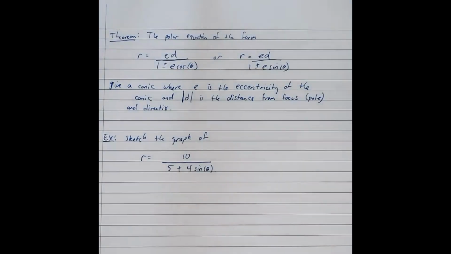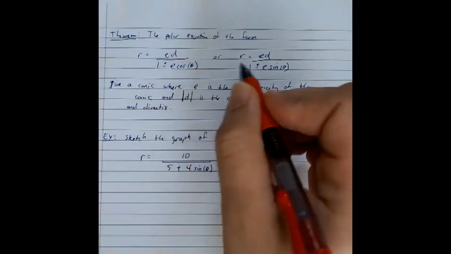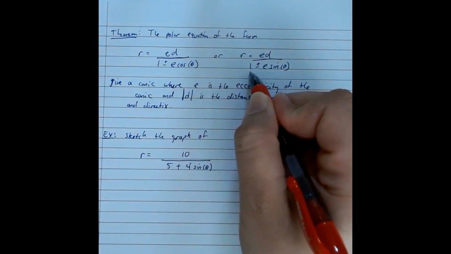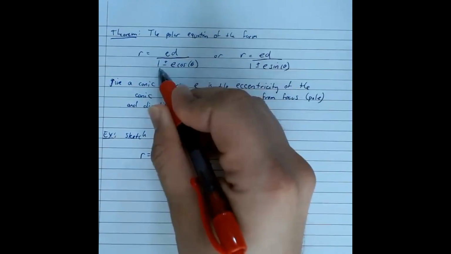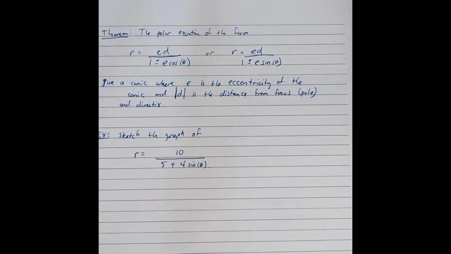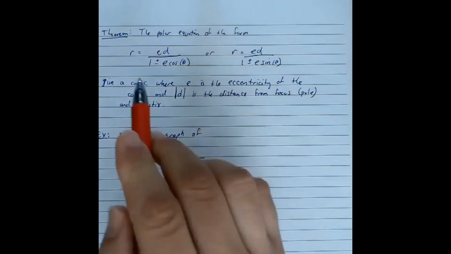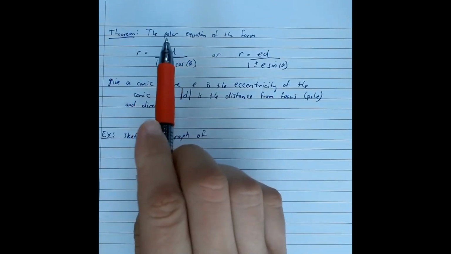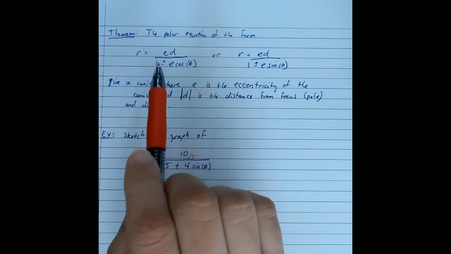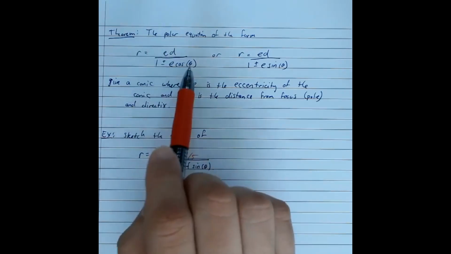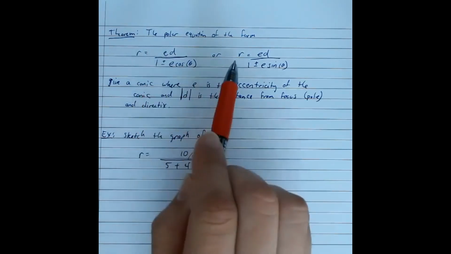I will note one thing, though, and that's that this is not supposed to be any constant. It's specifically the number 1. Same thing here. Here, that's not the number 1. Okay, well, simple enough. Let's divide everything by 5. What the theorem says is that whenever you have a conic in polar form, this constant should always be the number 1.